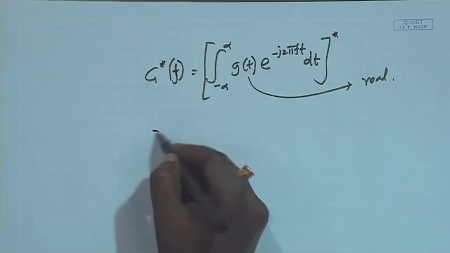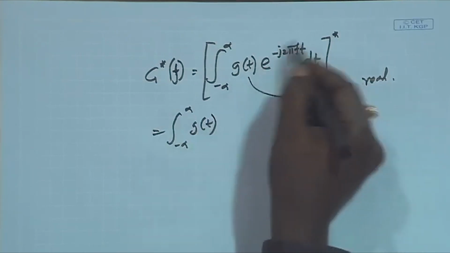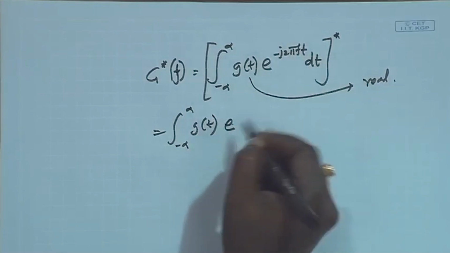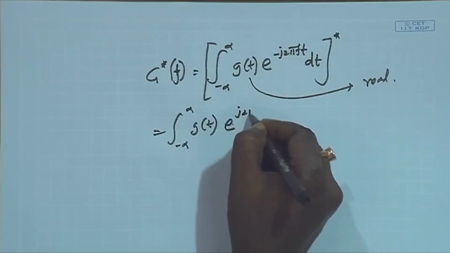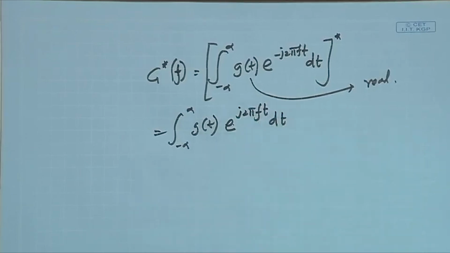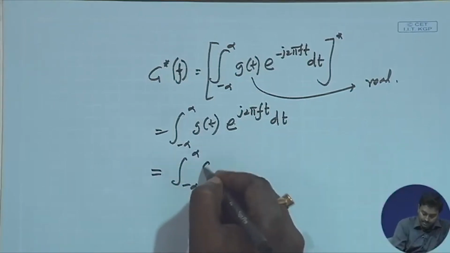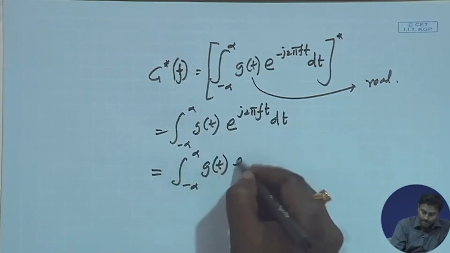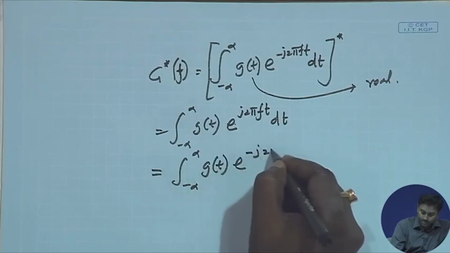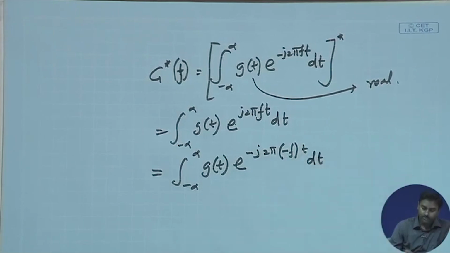So, we get the integral from minus infinity to plus infinity of g(t) times the complex conjugate of the exponential, which is e to the power plus j 2 pi f t dt. Let us rewrite this in a different fashion: g(t) e to the power minus j 2 pi (minus f) t dt.